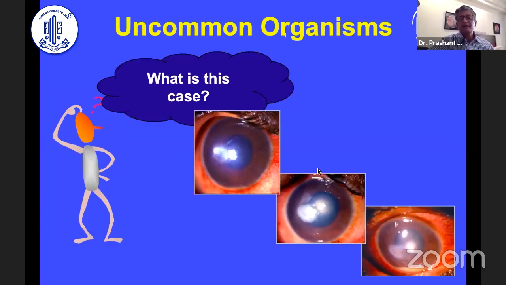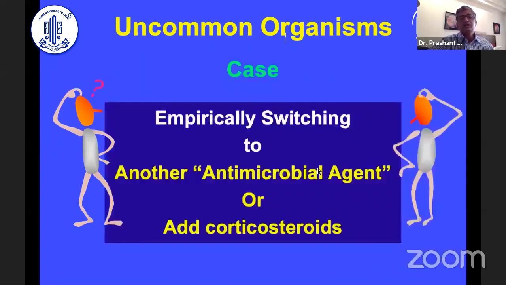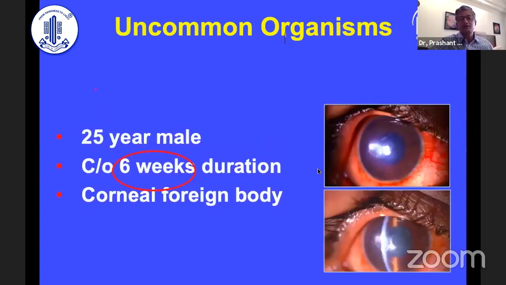At that point of time, we thought, what is happening? We are treating based on microbiology, we are using antibiotics, and still this patient is not showing response. We paid attention to the history and the clinical course, and it was very obvious to us that there are certain features we should pay attention to rather than empirically switching to another antibiotic or adding corticosteroid.